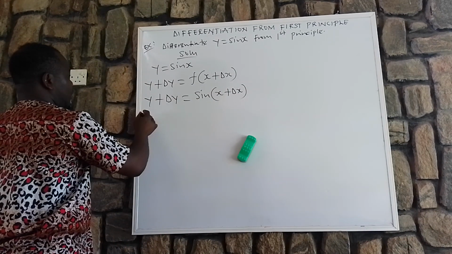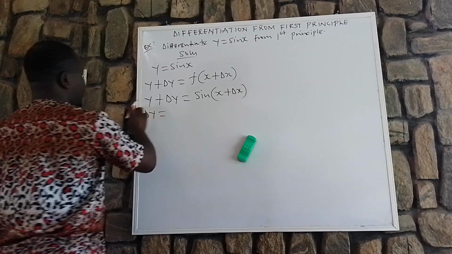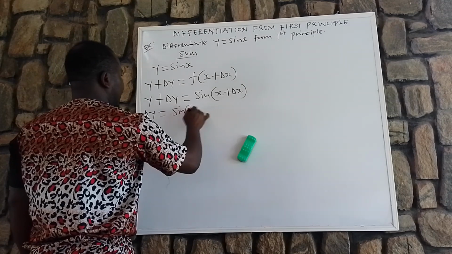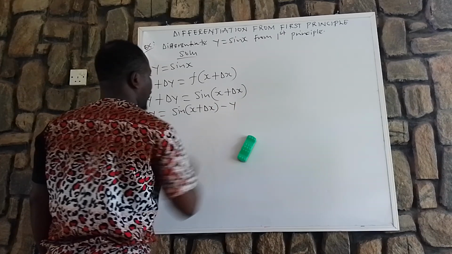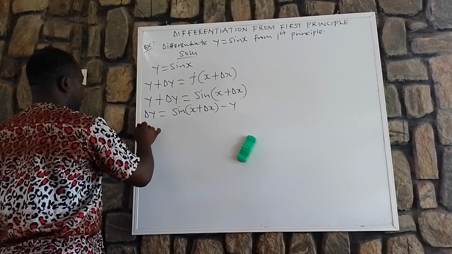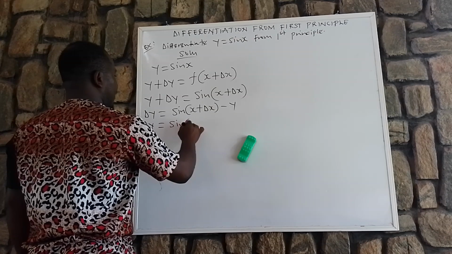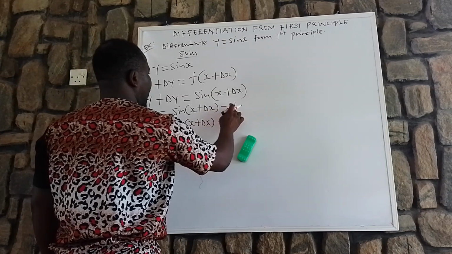Now our dy is equal to, if we subtract y from both sides, sine of x plus dx minus y. Then our dy gives us sine, open bracket, x plus dx, minus what is your y?